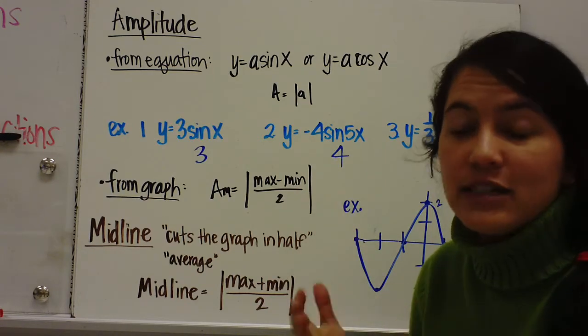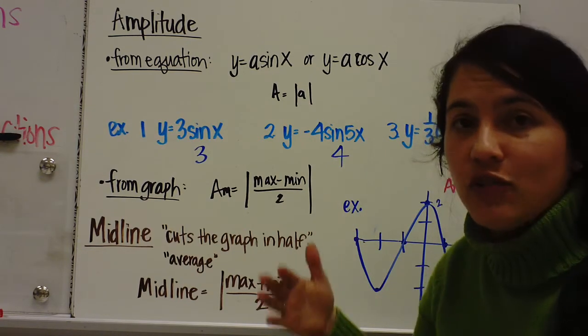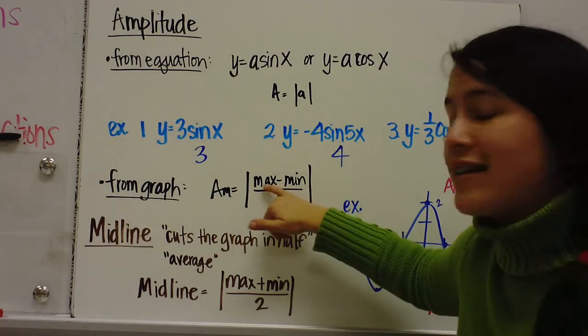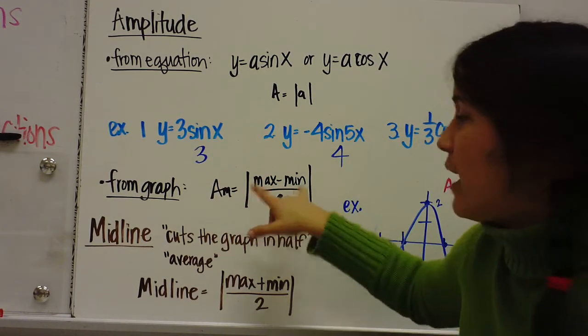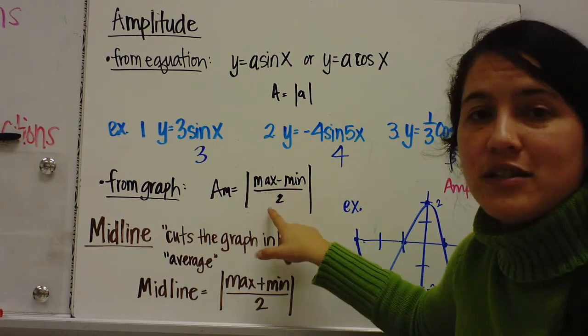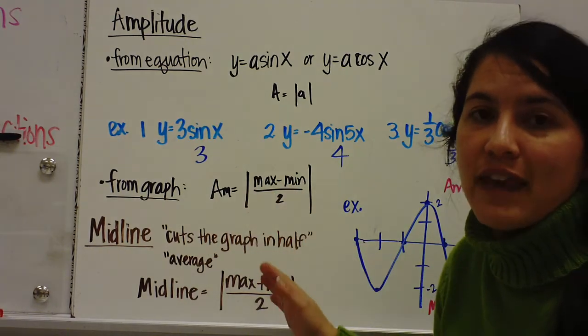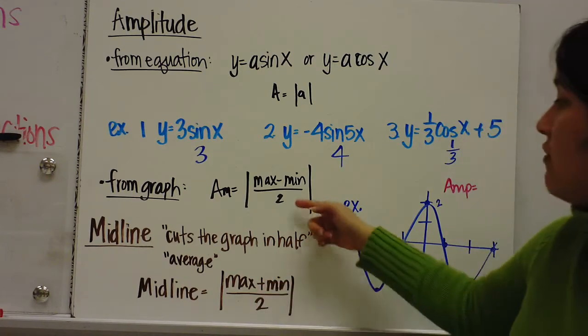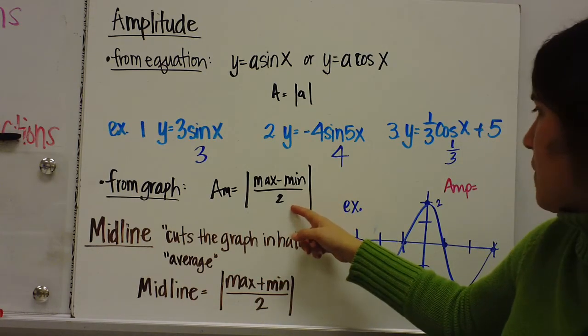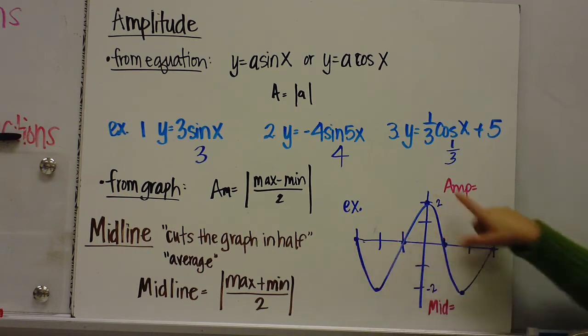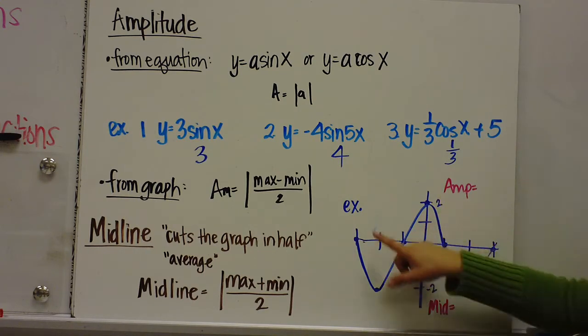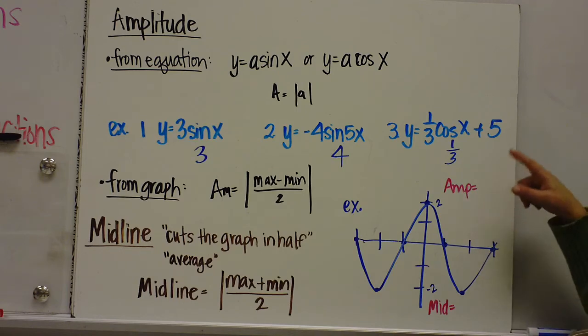If you have a graph, let's say you don't have the equation, here's how you find the amplitude. You take the maximum and the minimum and you subtract them, divided by 2 in absolute value. Max minus min divided by 2. That's going to show you how to find the amplitude of a function. All right, so here's an example. This is probably a cosine, but I have a function, and I want to know the amplitude.